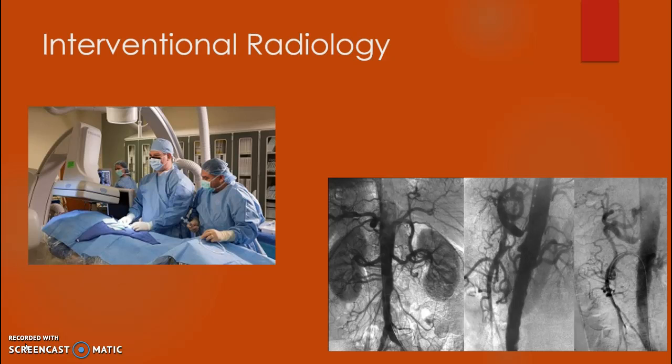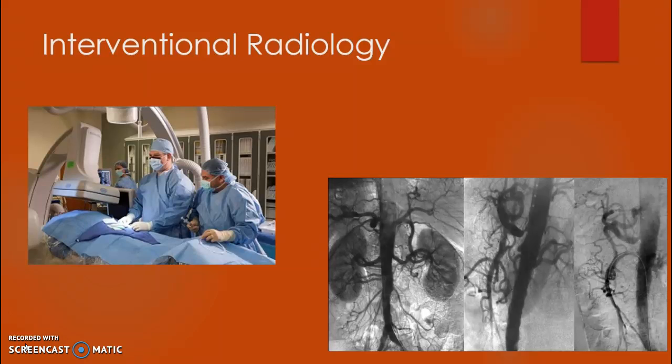Another imaging modality is interventional radiology. This type of radiology actually goes inside of the vessels of its patients, and then we can highlight them with contrast. Contrast is a type of fluid that we inject into an IV or actually directly into the artery or vein and check for the patency of it.